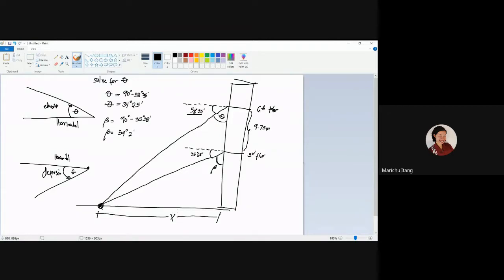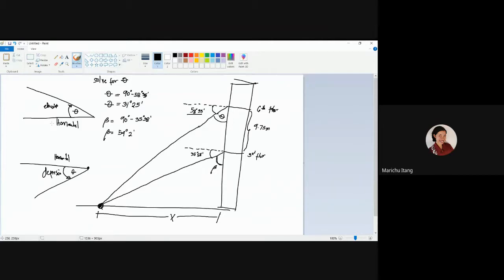What else can we get to find the value of x? How can we solve the value of x?